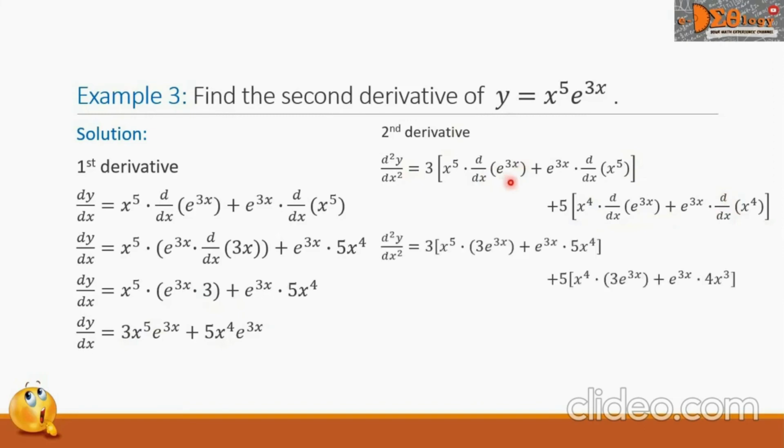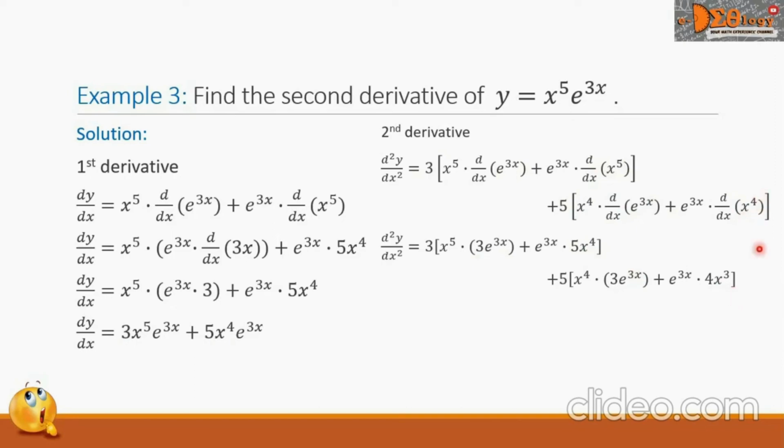In this case, we will have 3e raised to 3x, derivative of x raised to 5 will be 5x raised to 4. The derivative of e raised to 3x will be 3e raised to 3x. The derivative of x raised to 4 will be 4x cubed.